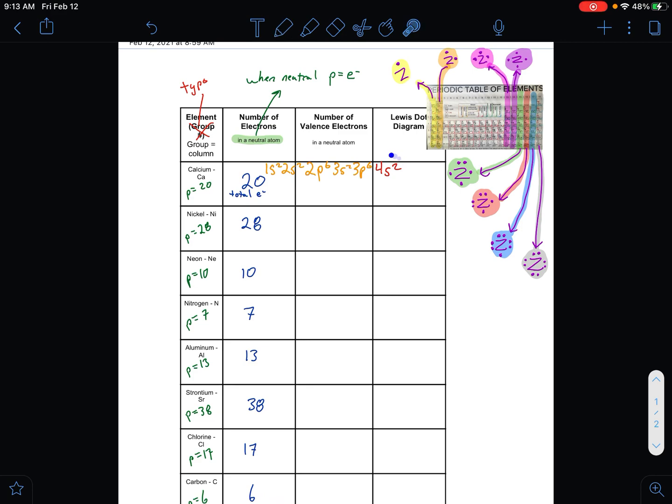So there are the two that we're accounting for in this image. Any element in this column, the last thing they would have put on their electron configuration was s1 or s2. So they have either one valence electron or two valence electrons.